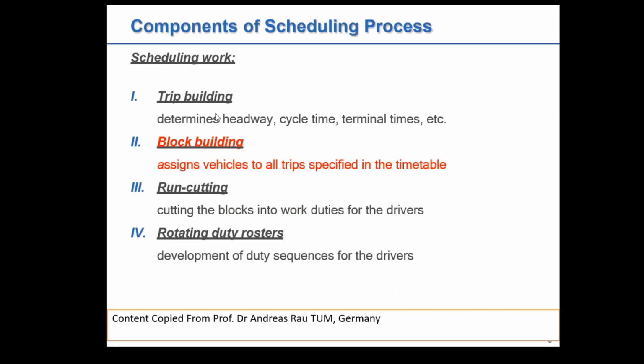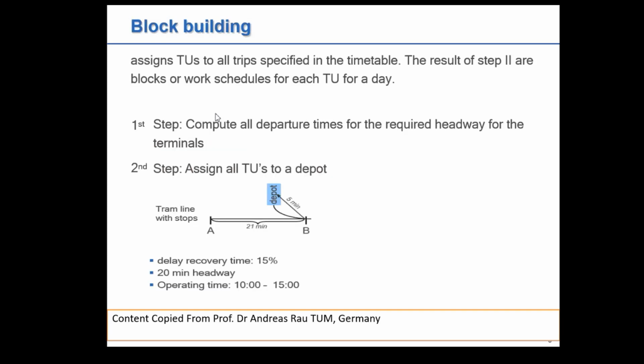The second important component is block building. In block building, we would like to assign the trips to all the vehicles so that they can run the timetable according to the assigned transit unit on any specific scheduled network.